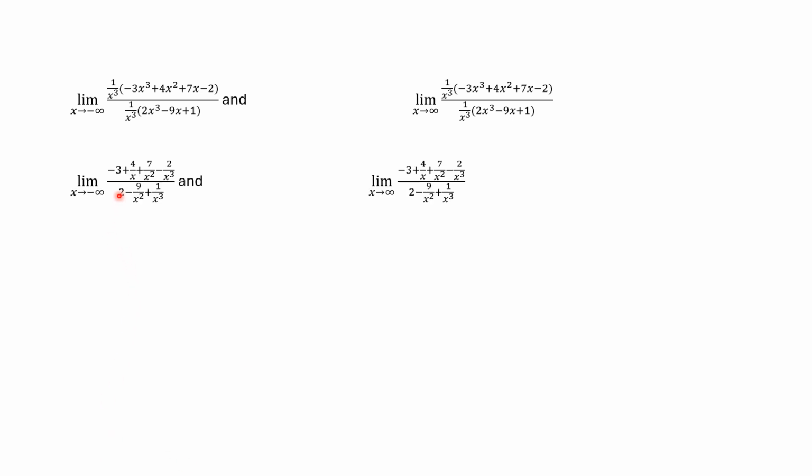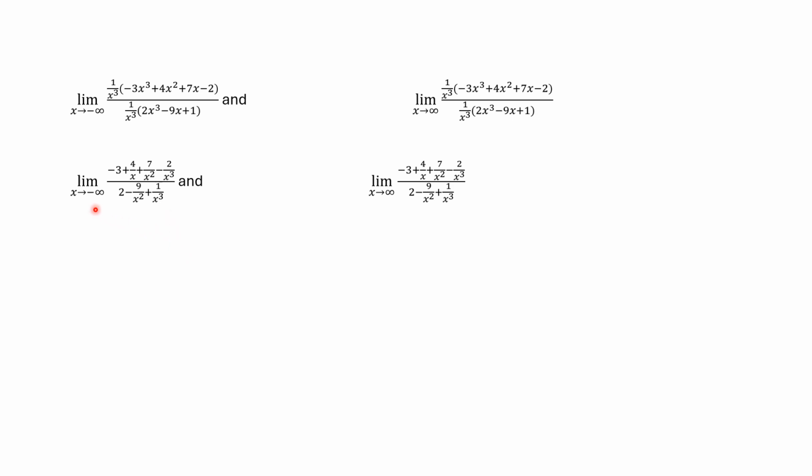So we end up with negative 3 plus 4 over x, which is going to tend to 0 when x gets incredibly large, plus 7 over x squared, which also tends to 0, minus 2 over x cubed, which is going to tend to 0, over 2 minus 9 over x squared, another term that will tend to 0, plus 1 over x cubed, which tends to 0.